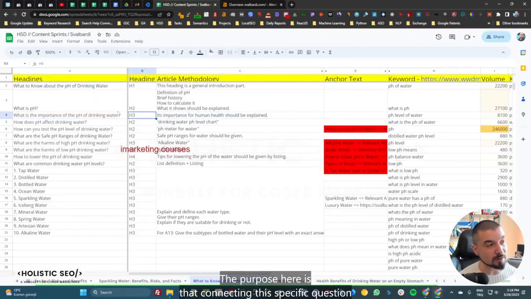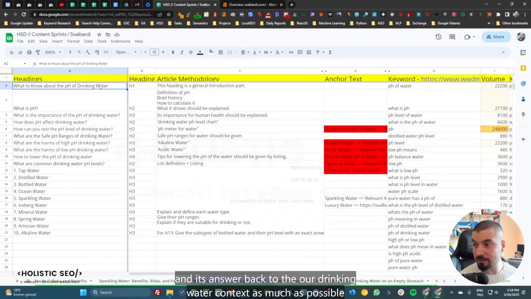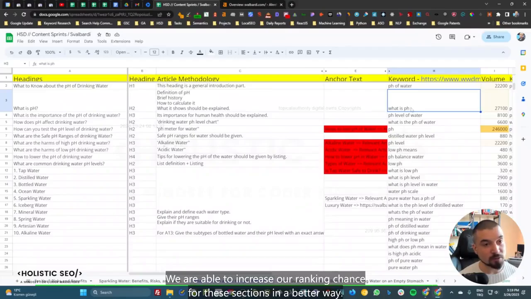The purpose here is connecting this specific question and its answer back to our drinking water context as much as possible, so that any relevance score that we are able to take from this section, which means the queries that involve the concept of pH but don't involve the water explicitly, we are able to increase our ranking chance for these sections in a better way.